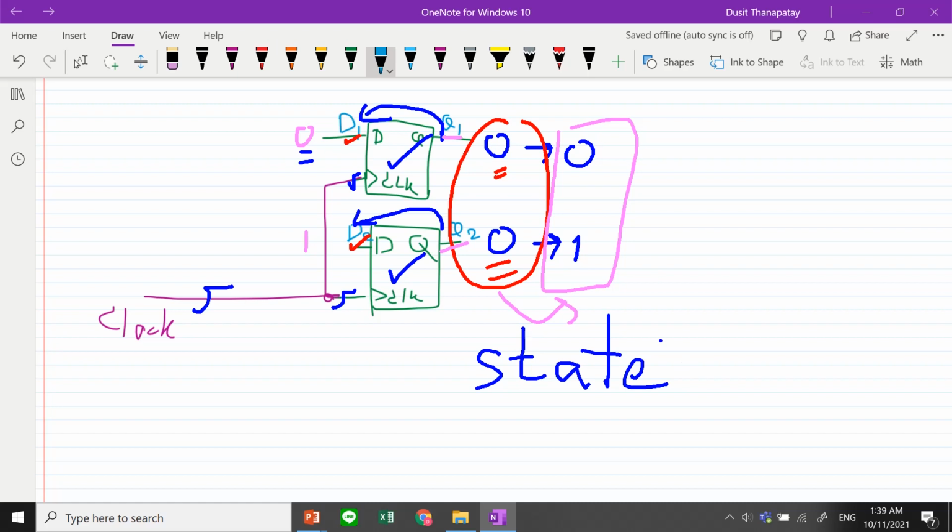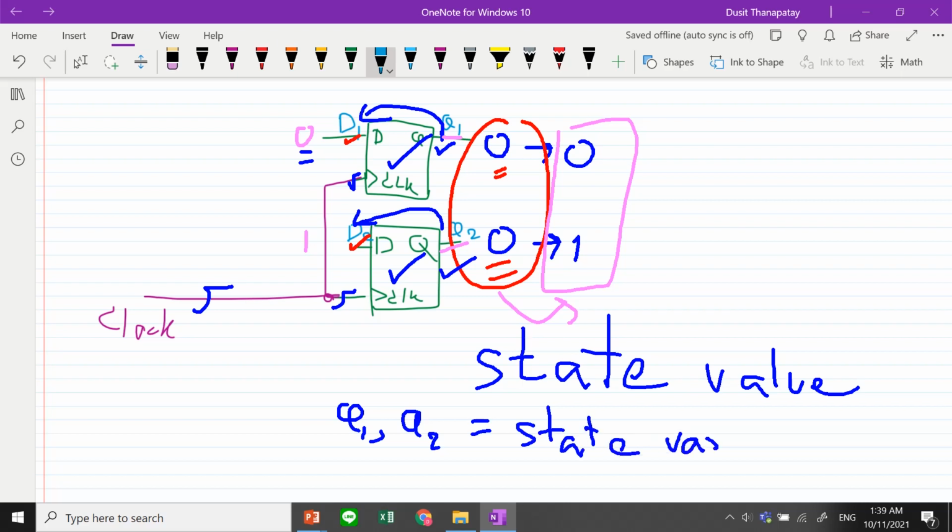From now on we will use the value of flip-flop output Q1, Q2 as state variables. Okay, state value. So Q1, Q2 in this case are state variables.